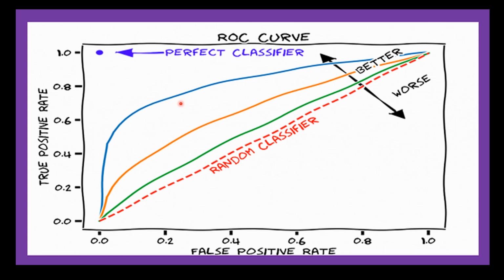So here the ROC curve provides a visual representation of how effectively your classifier is identifying true spam emails, that is true positive rate, while also showing the proportion of non-spam emails misclassified as spam, that is false positive rate. And by examining the ROC curve, you can evaluate the trade-off between the true positives and false positives in your spam detection system. So to create an ROC curve, you need a set of predictions and their corresponding true labels.